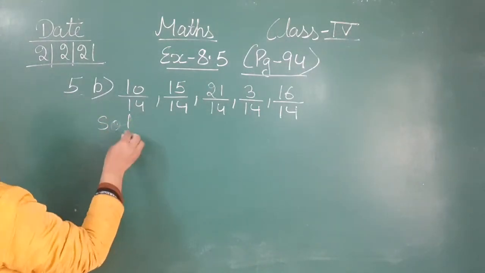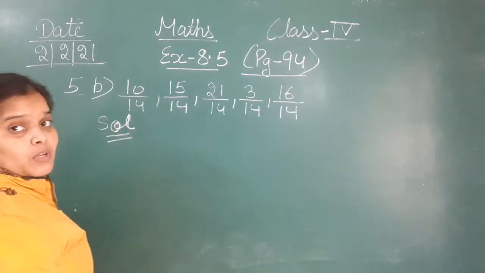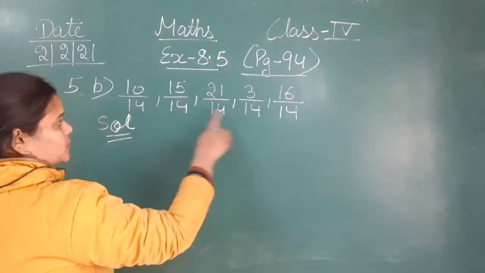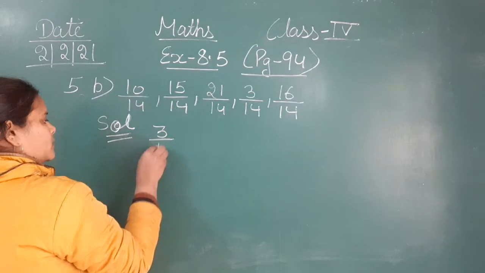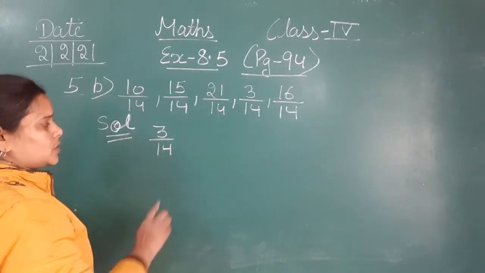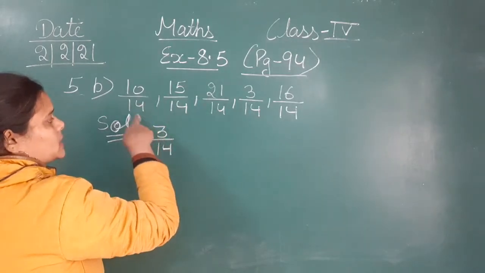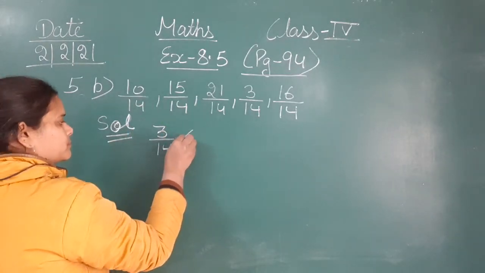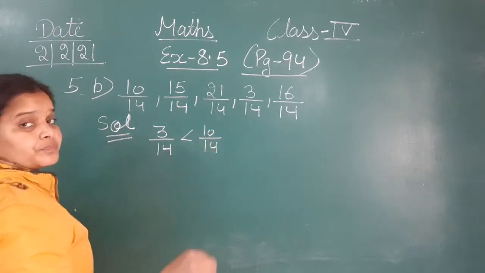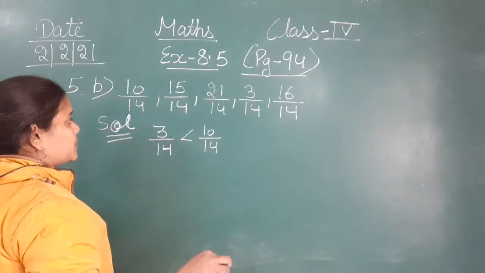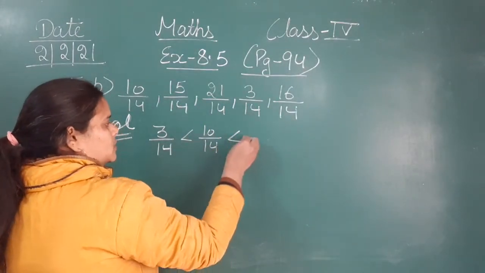Solution. Ascending order means from smaller to bigger. So which one is the smallest fraction here? The smallest fraction is 3 upon 14. 3 upon 14 से बड़ी कौन सी है? That is 10 upon 14. Okay, the next fraction bigger than 10 upon 14 is 15 upon 14.